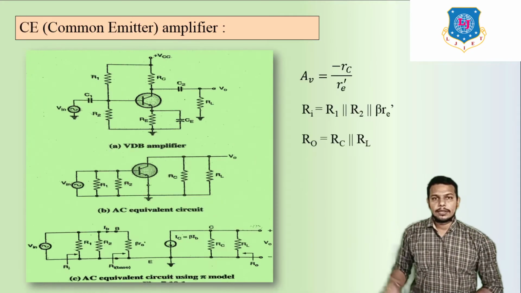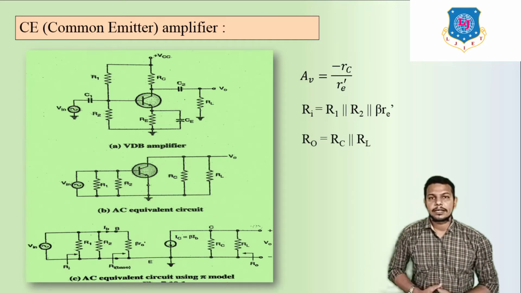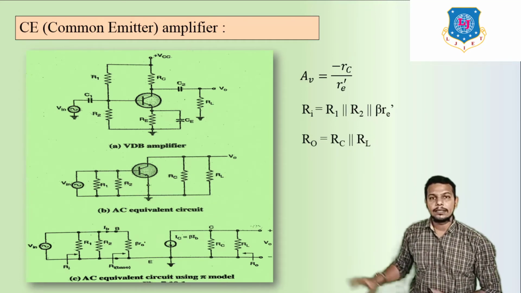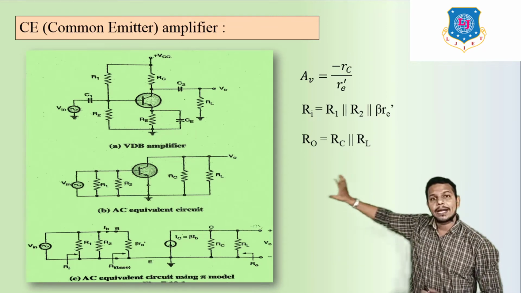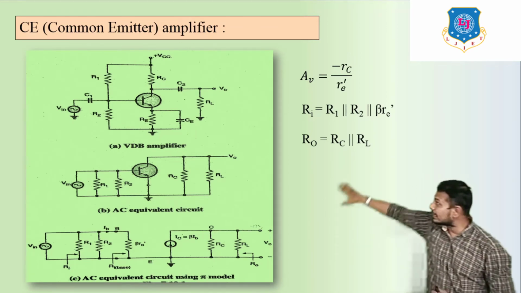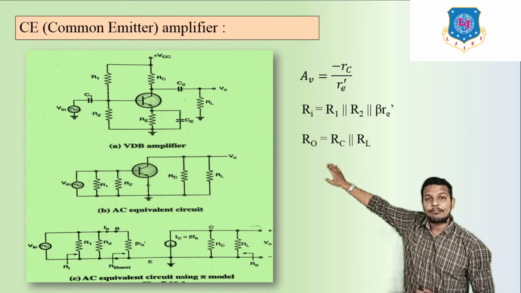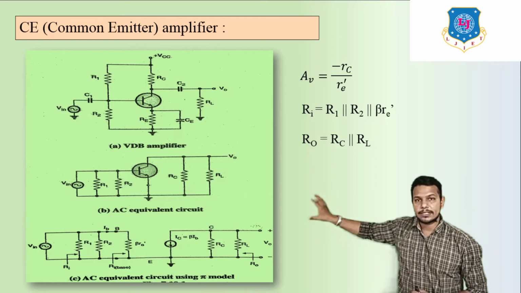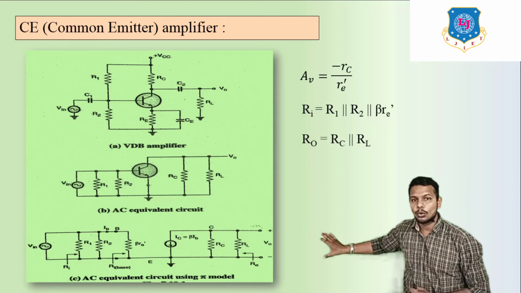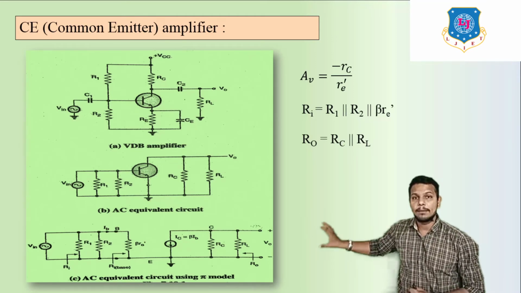So let us start with the first amplifier circuit, the CE amplifier. CE stands for common emitter amplifier. Here you can see the CE amplifier circuit diagram, below this is the AC equivalent circuit, and below that is the AC equivalent circuit using the pi model.